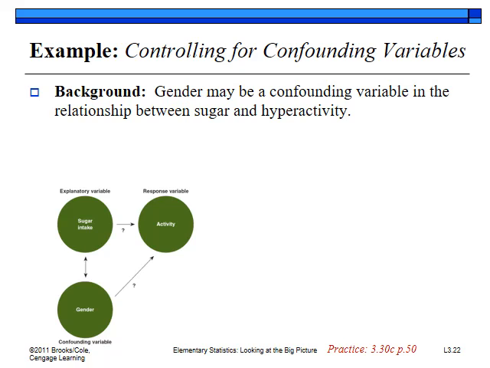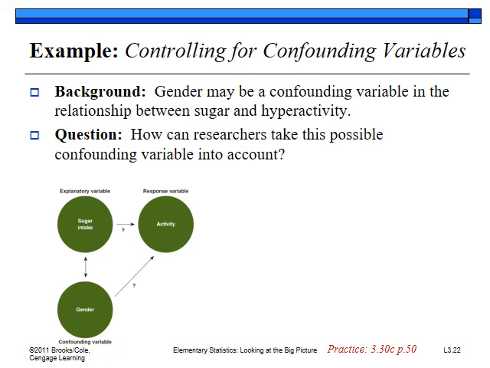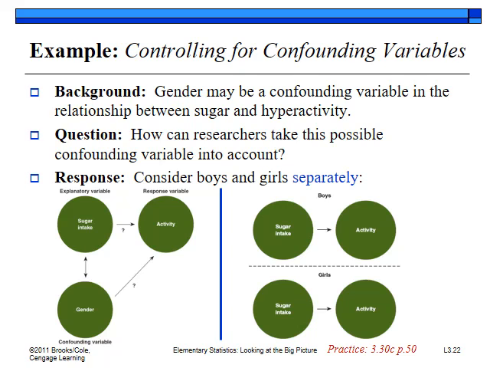Maybe the relationship between hyperactivity and sugar intake is not really a relationship at all. How can we take this into account? Well, the best way is to look at boys and girls separately. Look at boys with high and low sugar intake and their activity, and look at girls with high and low sugar intake and their activity.